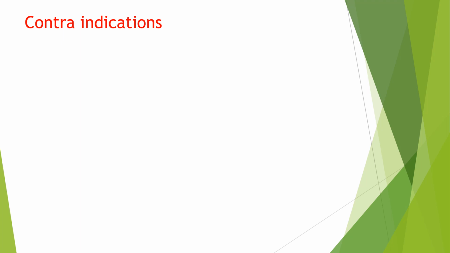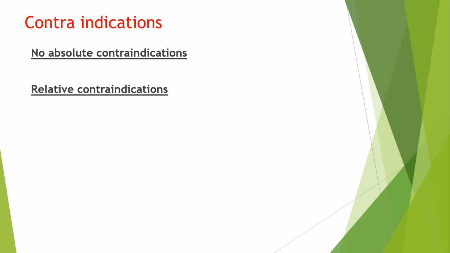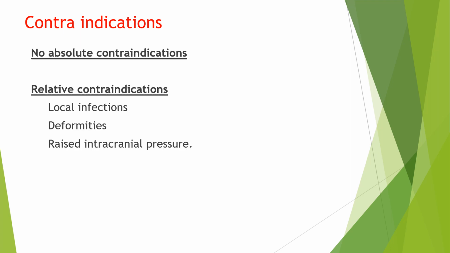What are the contraindications for doing lumbar puncture? Actually, there is no absolute contraindication. There are relative contraindications, like local infections, when you cannot insert the needle and you go for cisternal puncture. If there are local deformities, you cannot be successful in doing lumbar puncture.